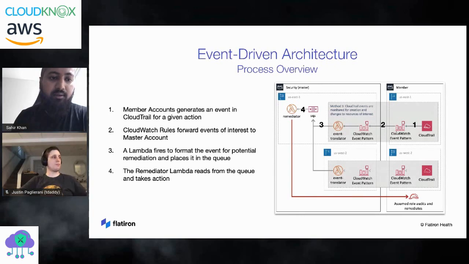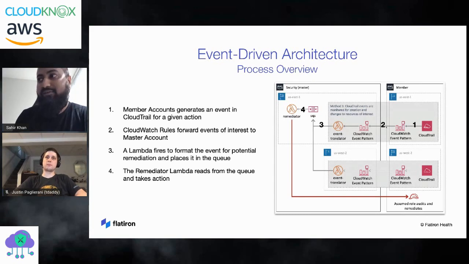the events which happen in, let's say, account A. Those events could be, for example, EC2 modify snapshot attribute. What happens here is that it sends the events on an event bus to your master account, where your remediator function lives.